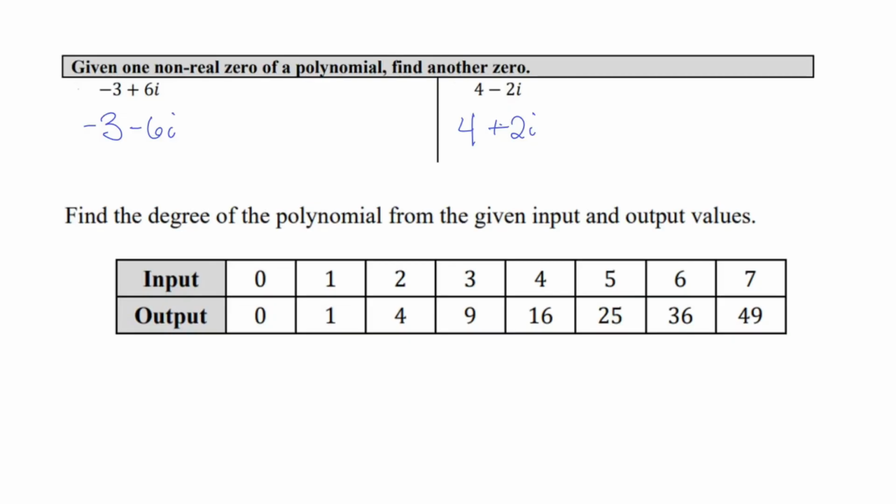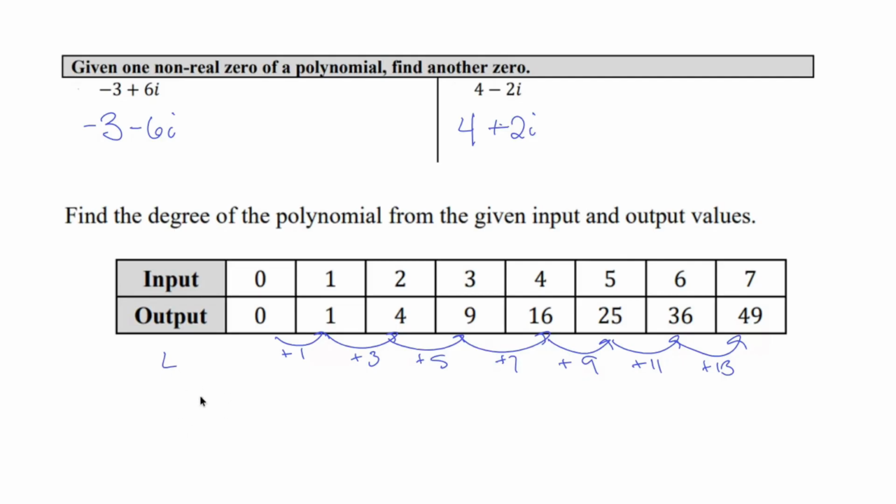All right, let's bring back an old friend, shall we? Find the degree of the polynomial from the given input and output values. So what we're going to do is the whole linear thing, see if it adds up to the same number. If no, then try quadratic and go from there. So we add 1, we add 3, so it's not linear. We add 5, we add 7, we add 9, we add 11, we add 13, like so.